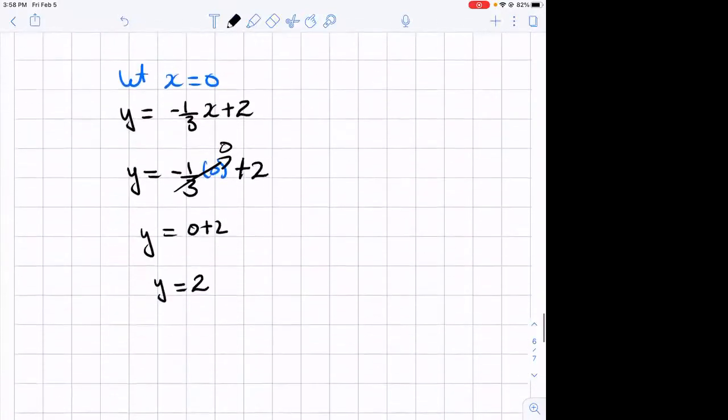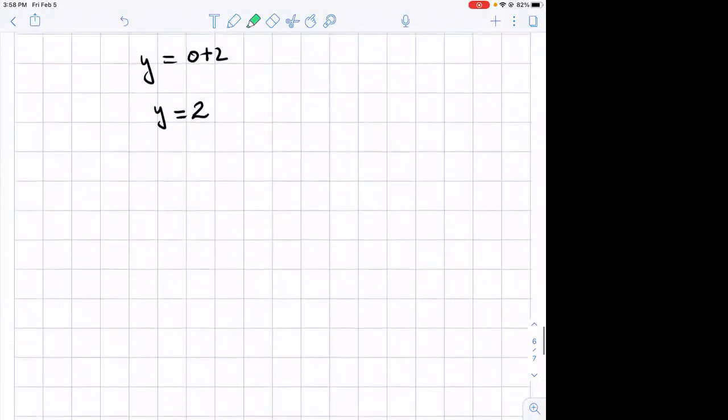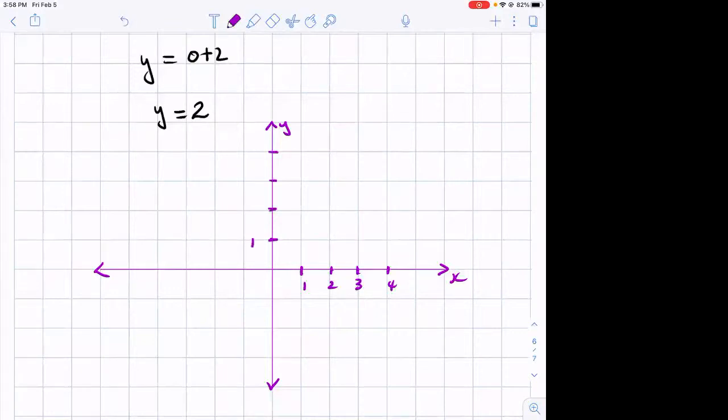And we can plot these points, okay? We can plot these 3 points here and then connect them with a line passing through those points. So if I draw my graph, the xy axis, we have 1, 2, 3, 4, 1, 2, 3, 4.